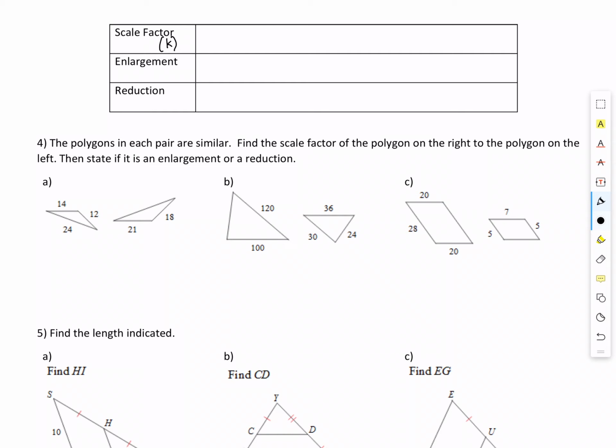Okay, so scale factor, we could define this as the value all side lengths are multiplied by.